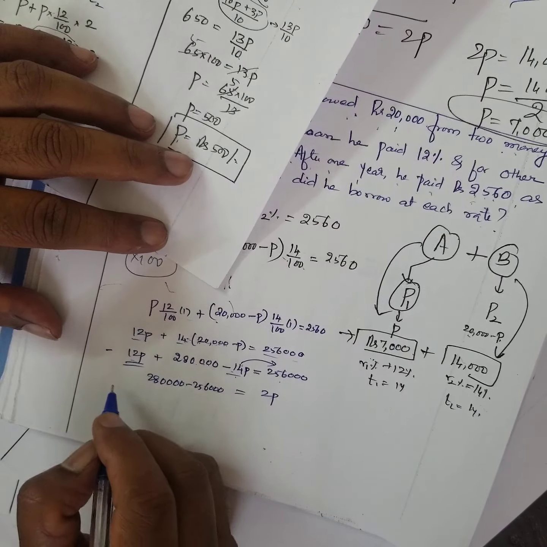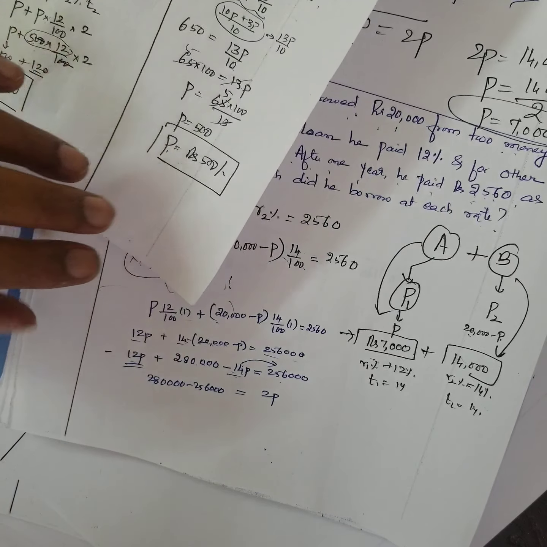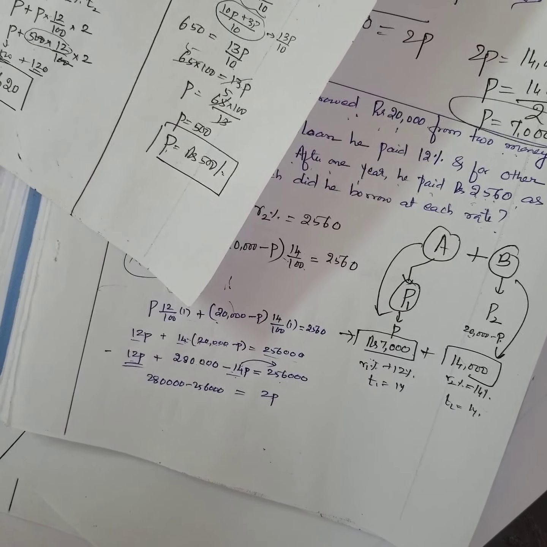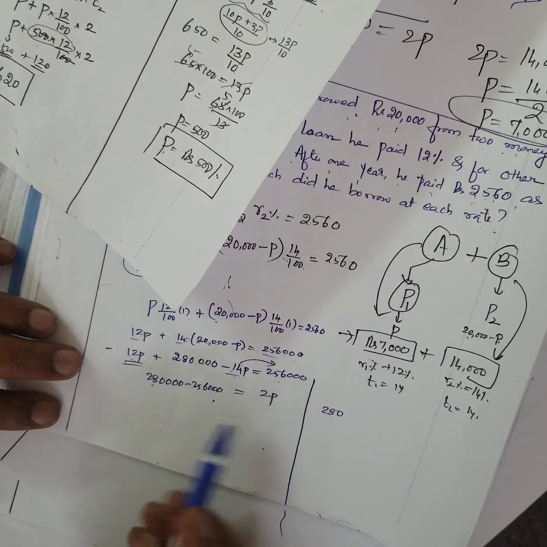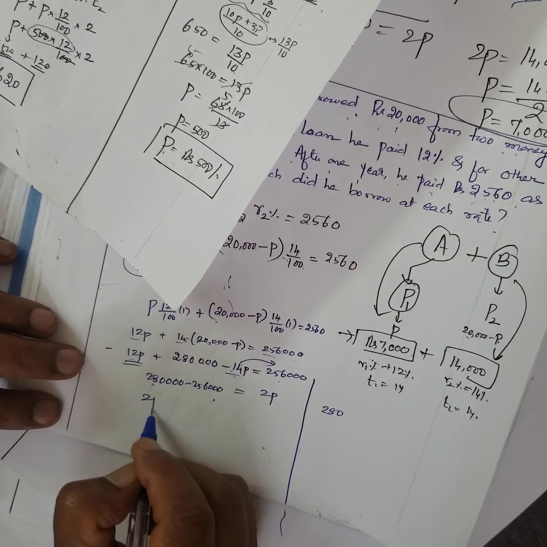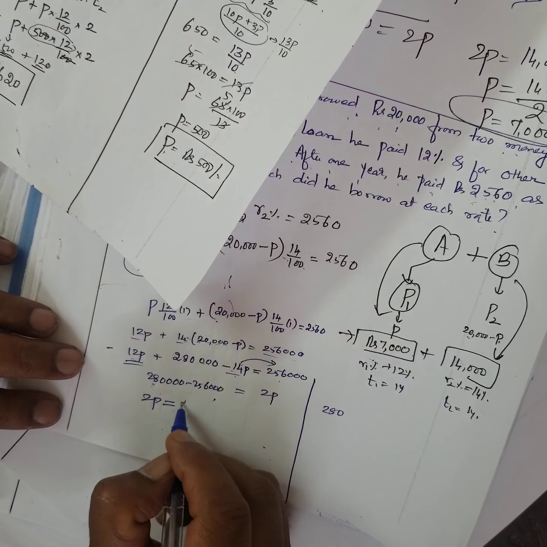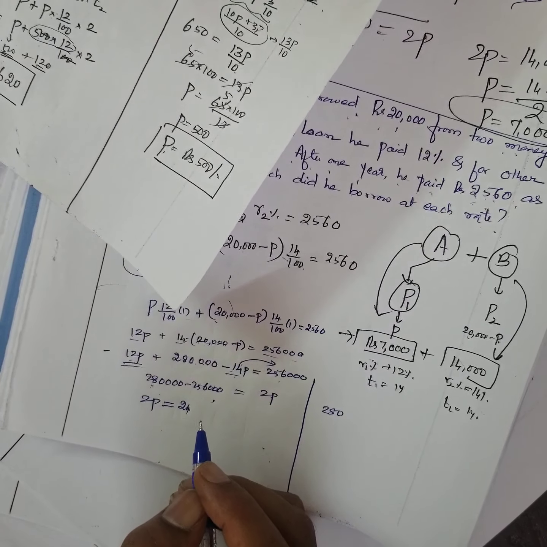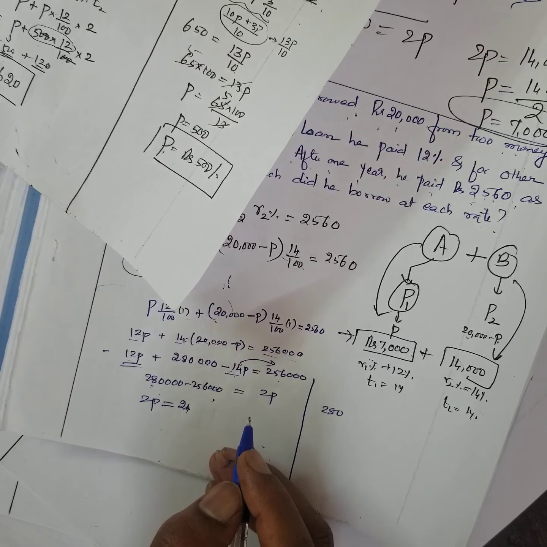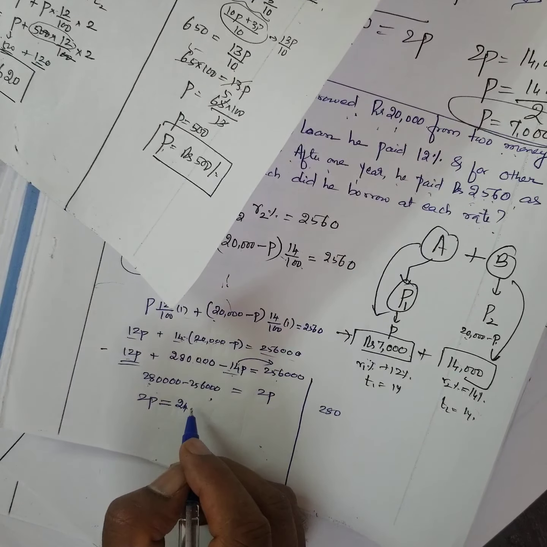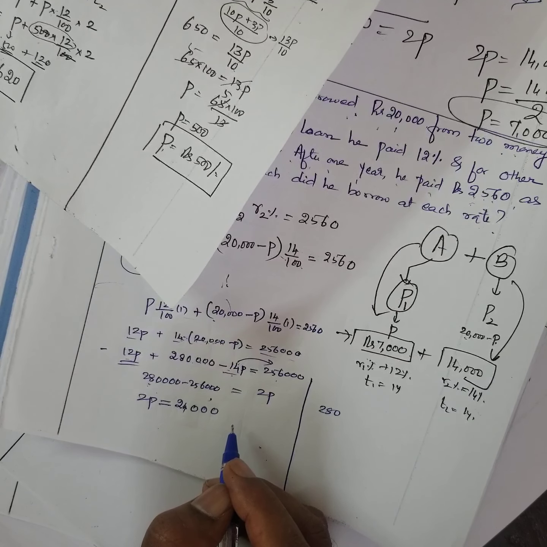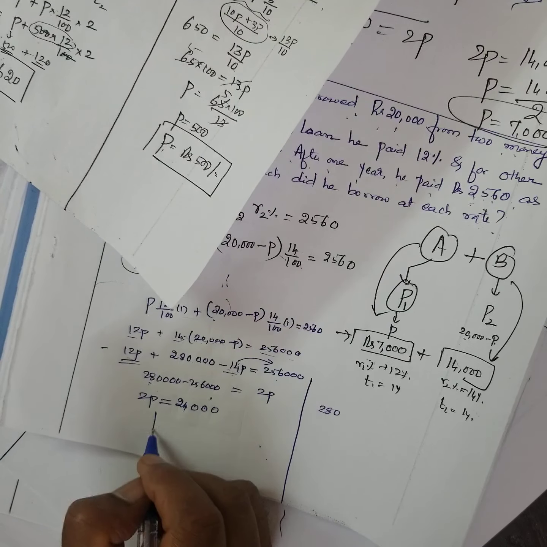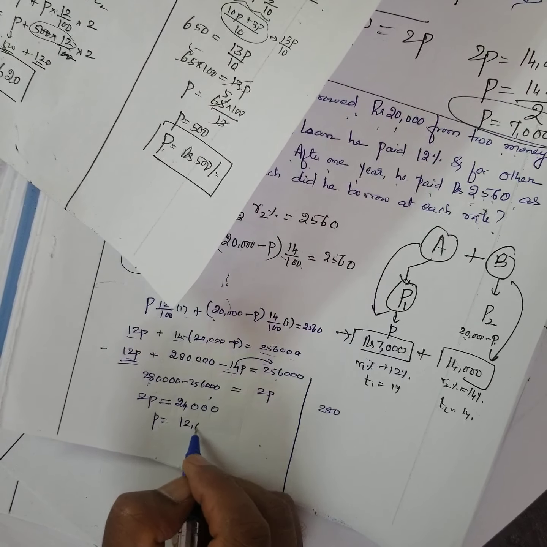Therefore, divided, 2p is equal to 24000. Right? Then p is equal to 12,000.